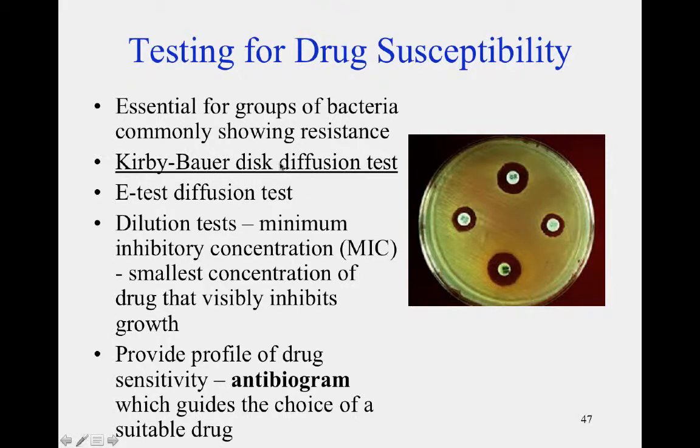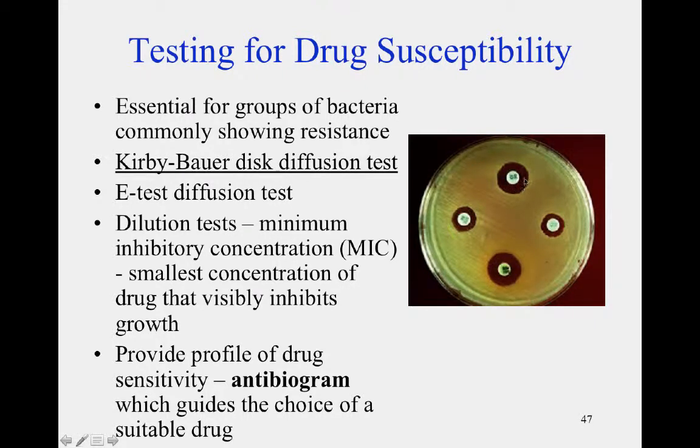So the Kirby-Bauer disc sensitivity or disc diffusion test is the most common. So this would involve basically isolating the pathogen, culturing it in a lab, and then preparing an agar plate where you mix the agar with that culture, and then you would introduce these little paper discs soaked with a particular antibiotic and look around the disc to see if whatever is diffusing from this disc into the surrounding environment would actually kill the bacteria in the plate.